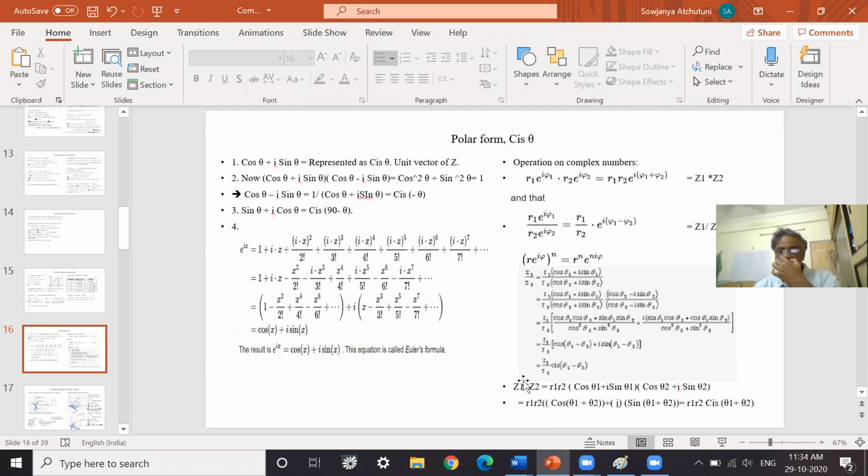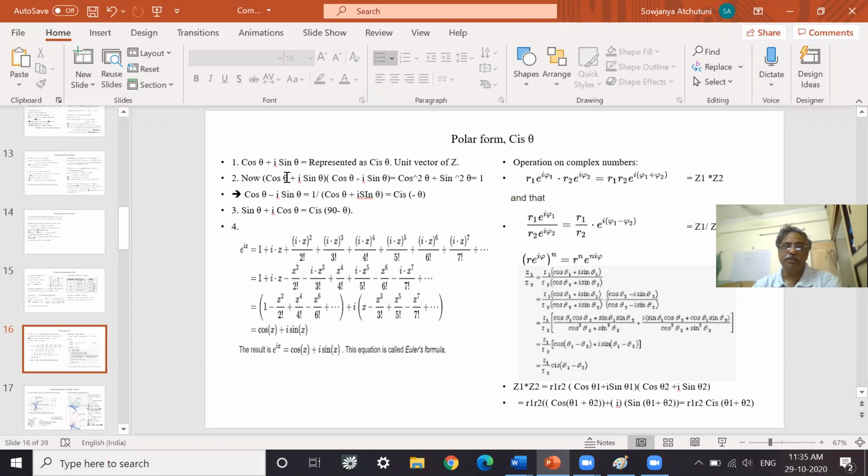So mod of Z1 Z2 is the square root of R1 square R2 square into cos square of theta1 plus theta2 plus sin square of theta1 plus theta2. Cos square theta plus sin square theta is 1. So mod of Z1 Z2 is equal to R1 R2, which is equal to mod of Z1, which is R1, times mod of Z2, which is R2. So their multiplication is R1 R2.